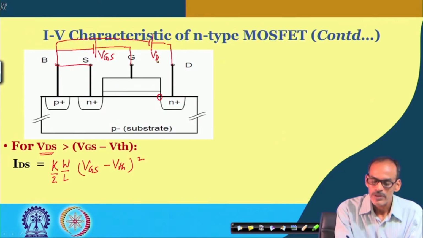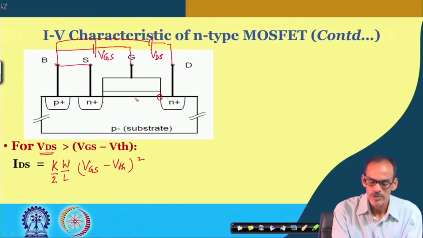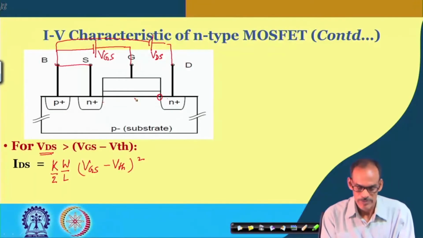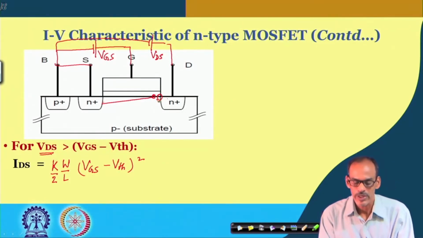If the current is not flowing, then of course from here to here there is no potential drop. So then what happens? Will the channel completely break, or what will happen? Practically, the channel is here, and it may go till some point which may not really reach the drain end.